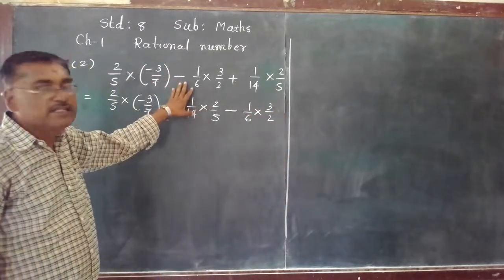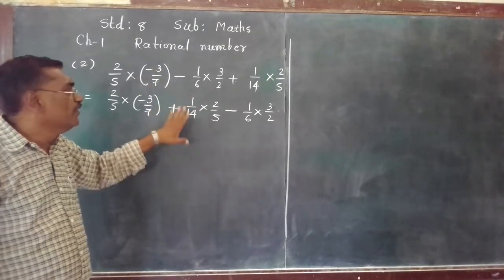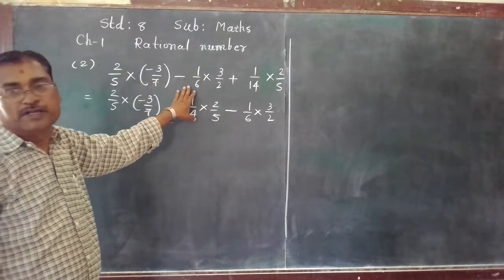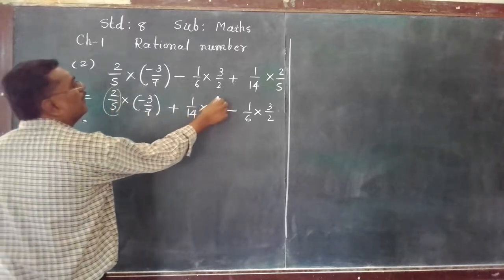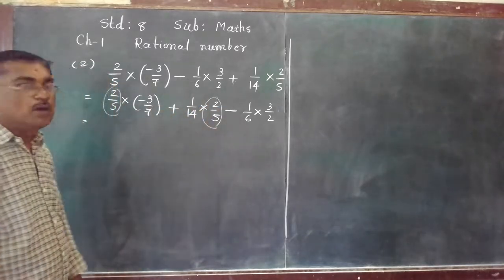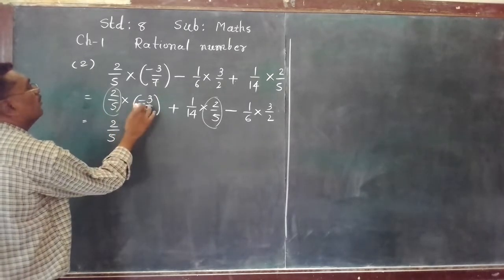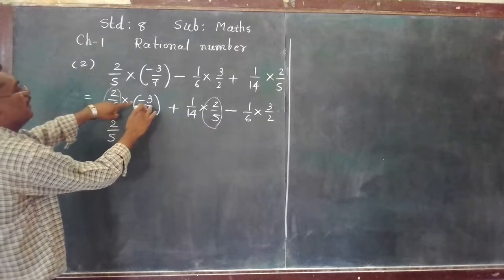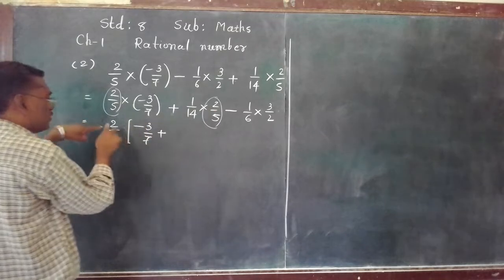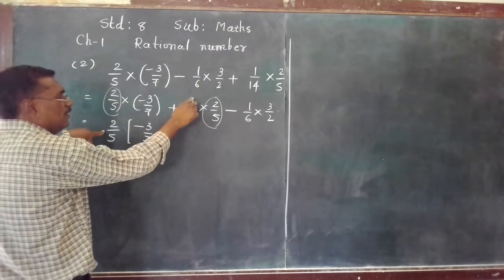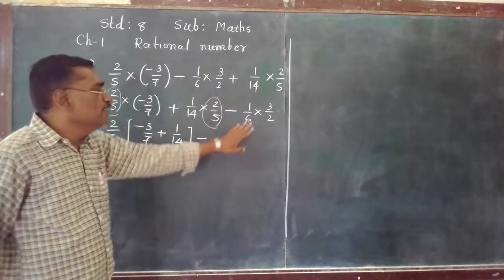The aim of this is that we can take the common easily. And in another language we can say it is the associative property. Okay, now see 2 upon 5 and 2 upon 5 is the common term. So taking 2 upon 5 common, we can write the remaining portion: minus 3 upon 7 plus 1 upon 14, minus 1 upon 6 multiply 3 upon 2.